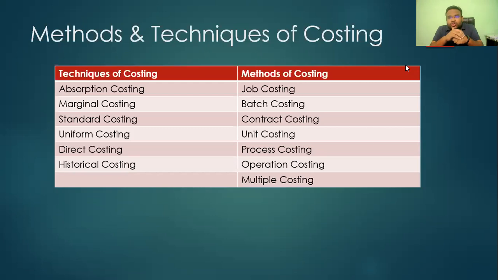Methods of costing make you ascertain the cost: job cost in job costing, batch cost in batch costing, contract cost, unit cost, process cost, and the cost of service industries we call operating costing. Operating costing is different; we'll discuss it in terms of process costing. The last concept is not a method of costing; that is multiple costing. When we use more than one method of costing, we call it multiple costing. Is it clear about techniques of costing and methods of costing?